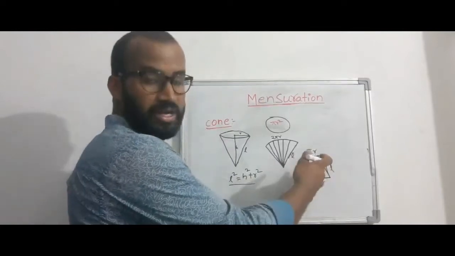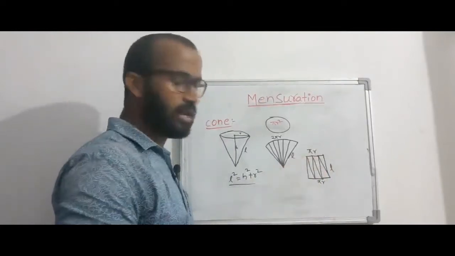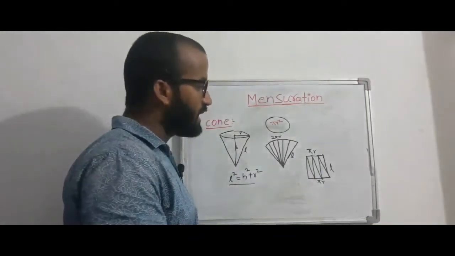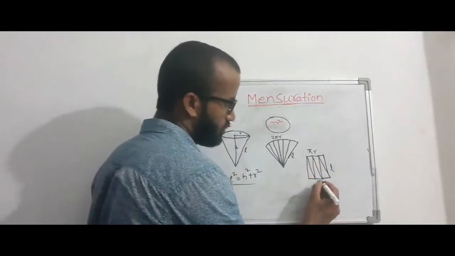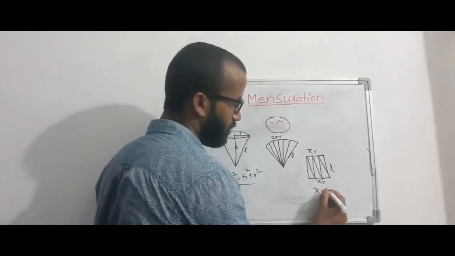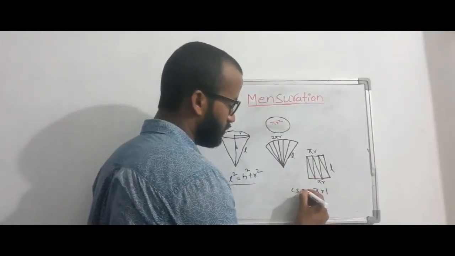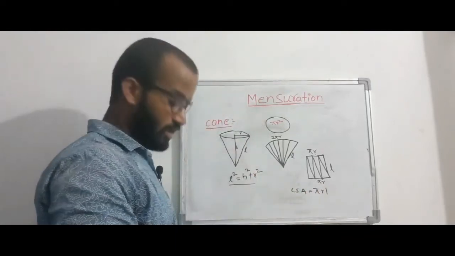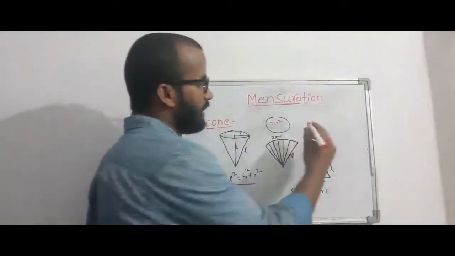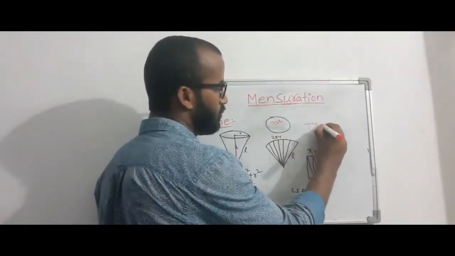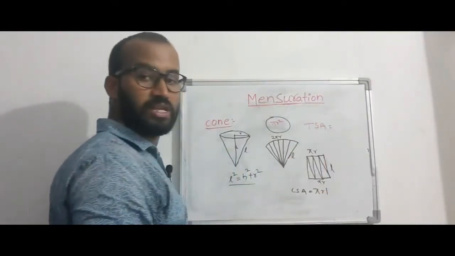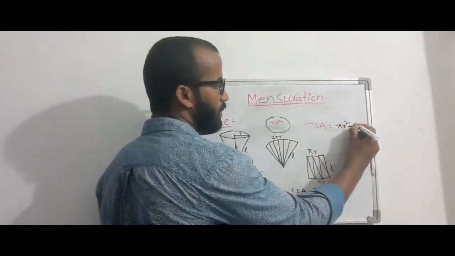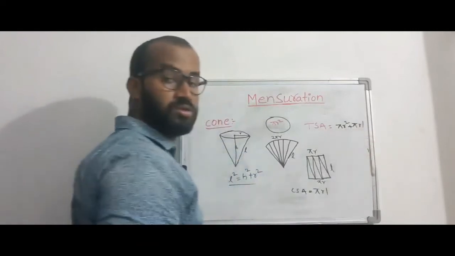So now it is a rectangle. What is the area of a rectangle? Length into breadth. So the area is pi r L. So curved surface area is equal to pi r L. What is the flat surface area? Pi r square. Total surface area is curved surface area plus flat surface area.